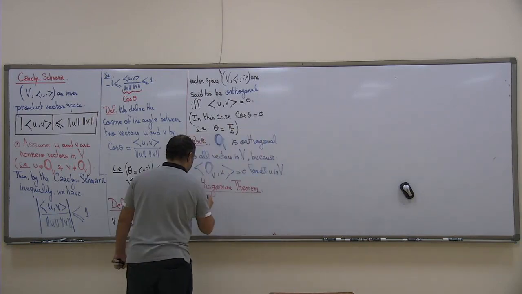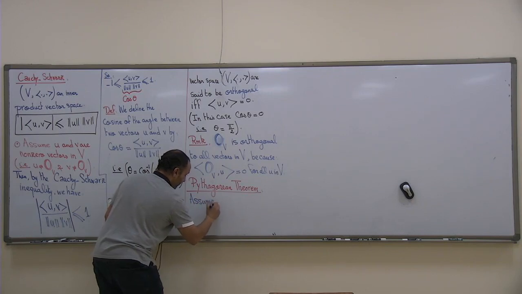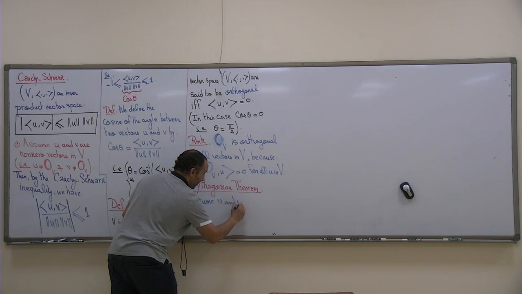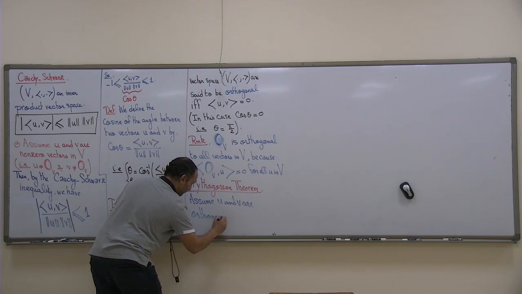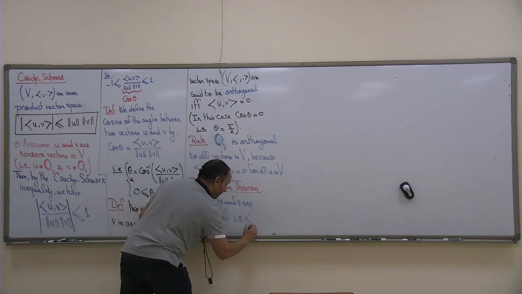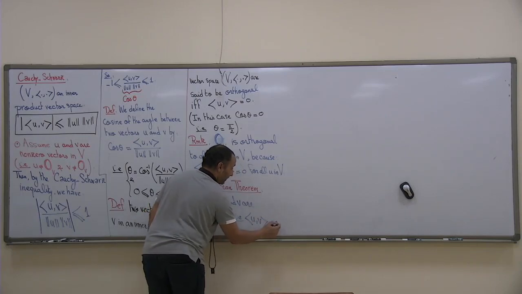So I'm going to assume u and v are orthogonal. That means by this definition, the inner product of u with v is equal to 0.